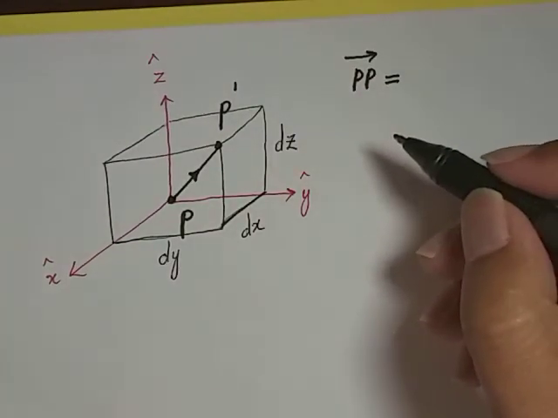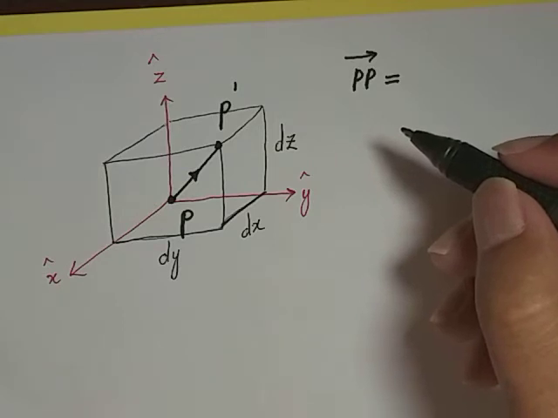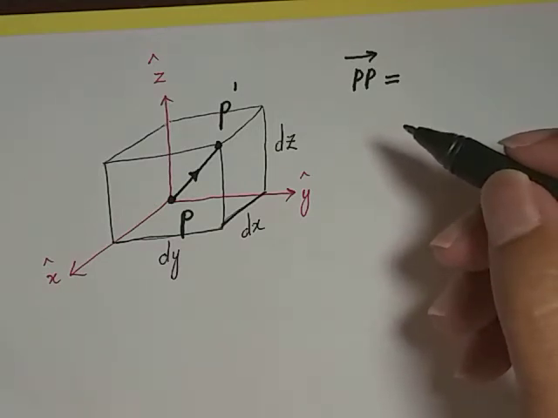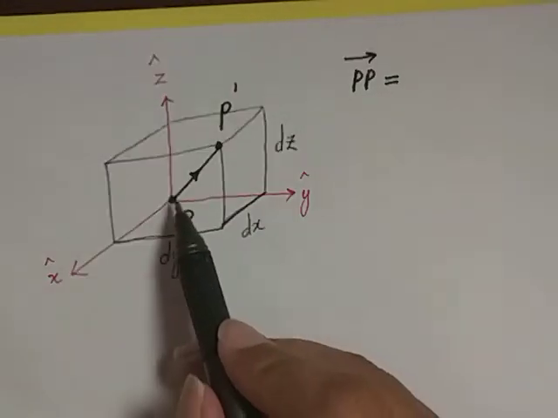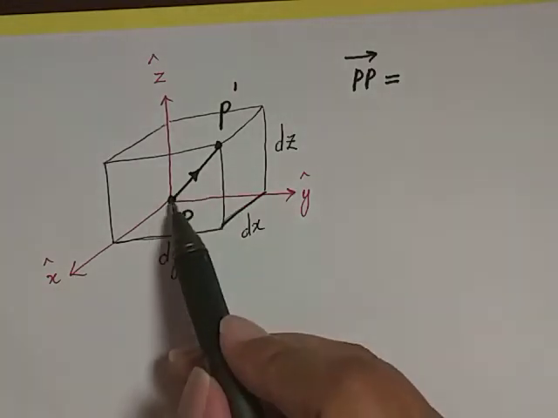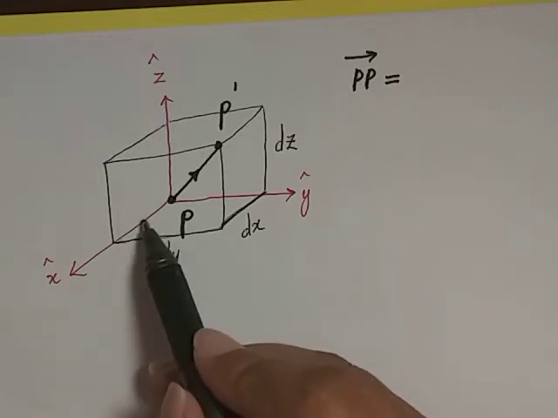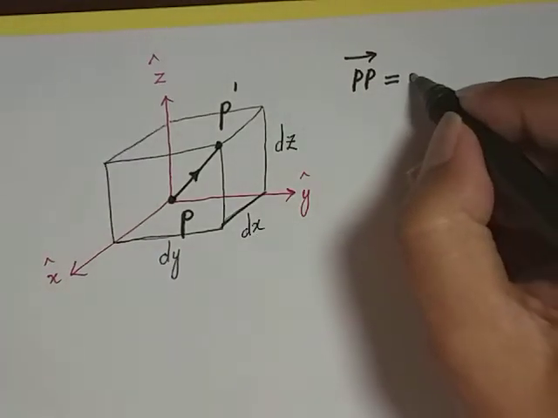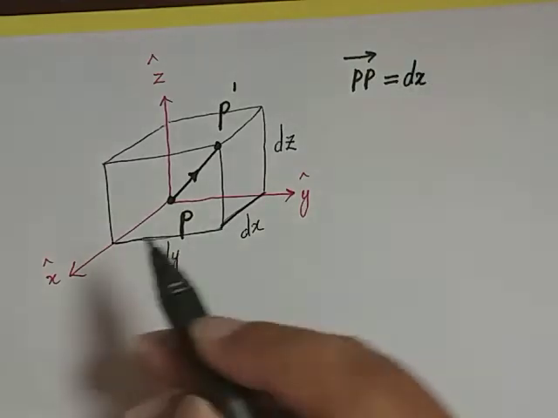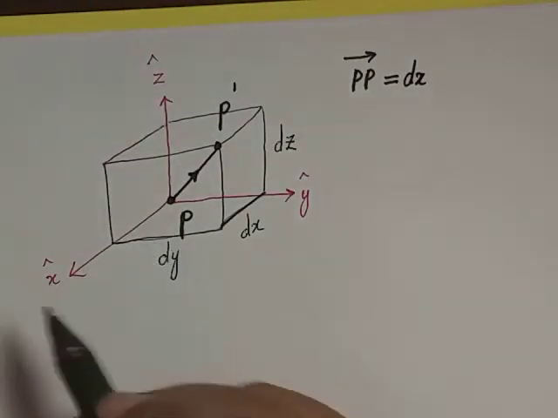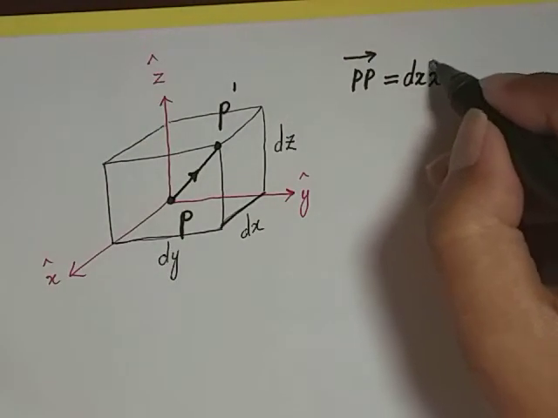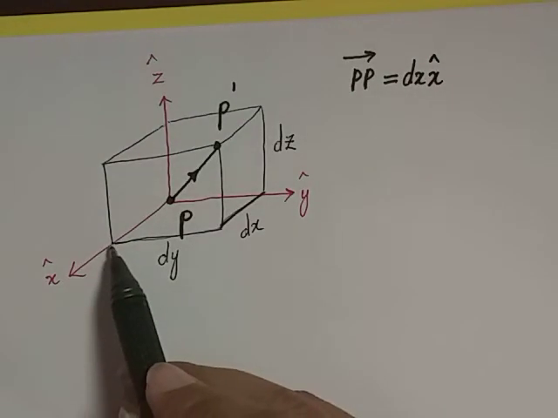A vector must contain two main components, the magnitude and the direction. If I move from P to P prime, I can choose this particular path. This path has magnitude dx, direction of movement positive x. I'm still not arriving at the destination, my final destination P prime.